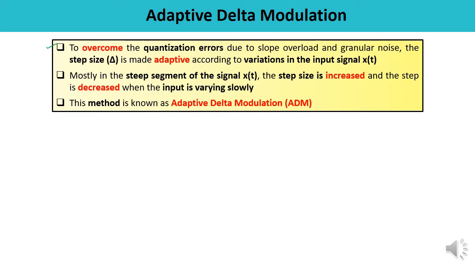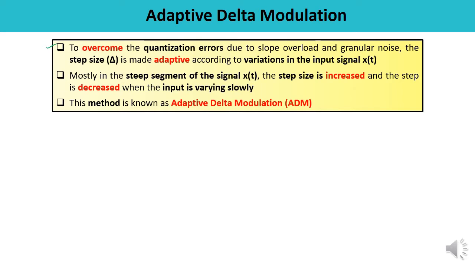What we have discussed is that in the case of slope overload error, the remedy is to change the step size, while in the other case also we need to vary the step size accordingly. If you recall, in slope overload distortion the step size must be increased, while in the case of granular noise the solution is to make the step size small.